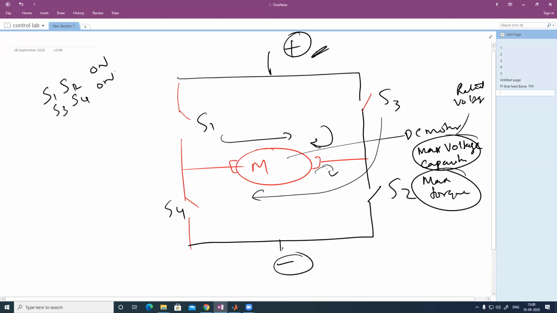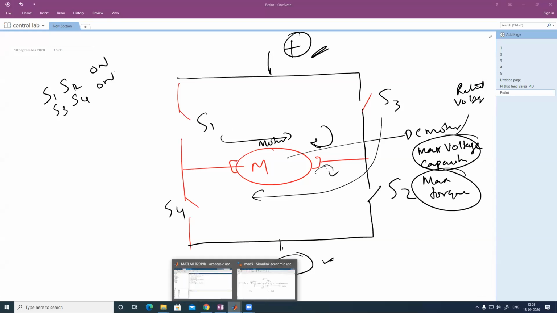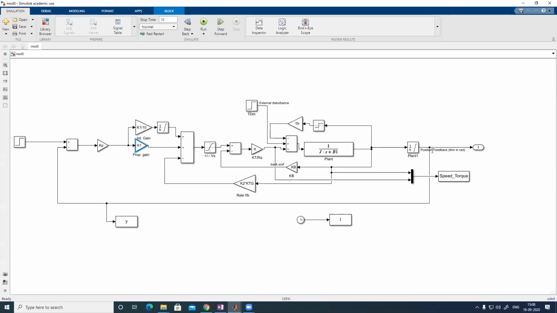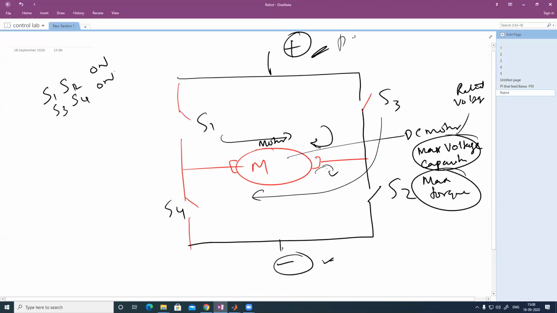Whatever voltage you are giving here corresponds to the motor rated voltage. If some controller output changes due to something and the controller demands more than this voltage, this power supply cannot give that voltage to the motor, because it is designed for that voltage only. If the controller demands more, that means something went wrong, and the motor cannot be given that much voltage.